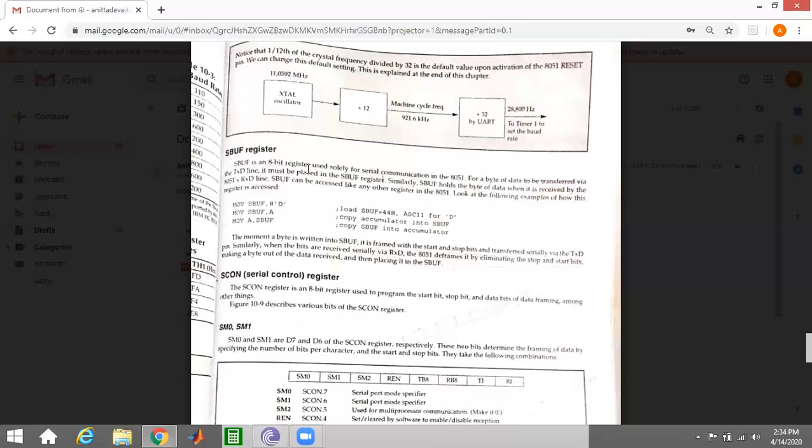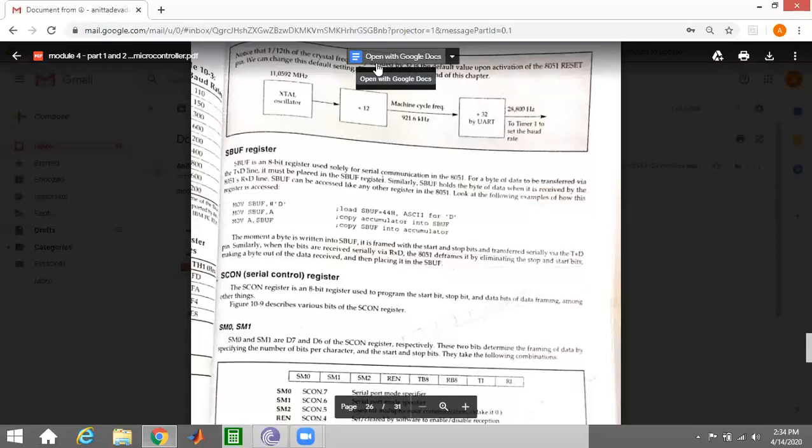Can I ask one question? Timer is how many bit register? 16-bit register. Okay. Then TMOD is how many bit register? 8-bit register.